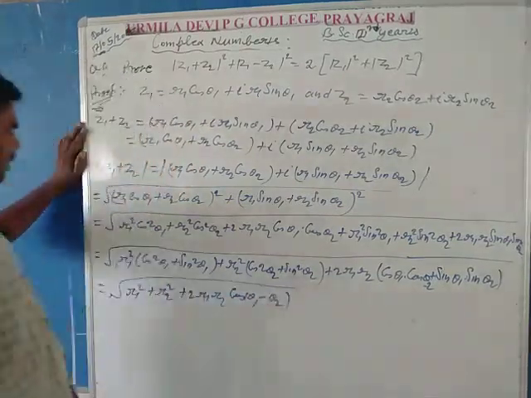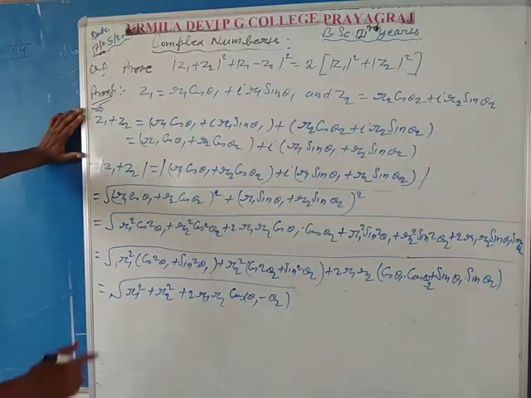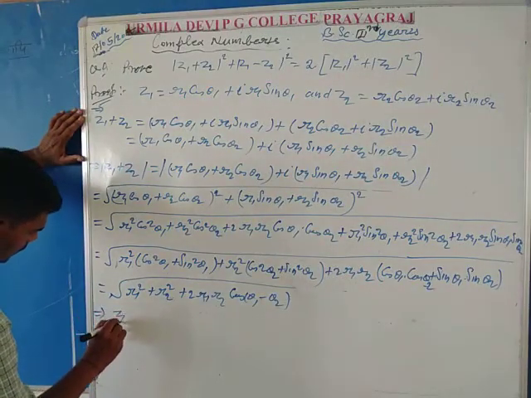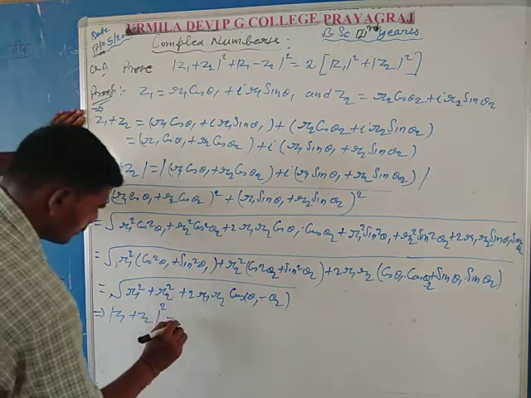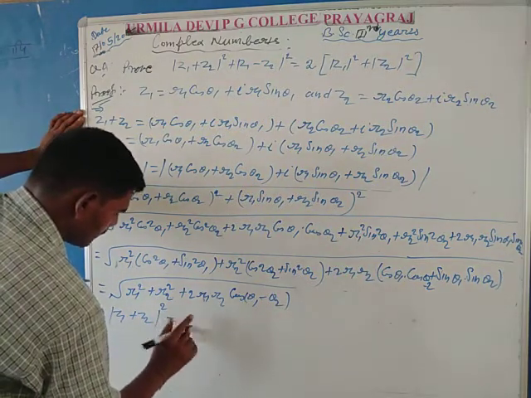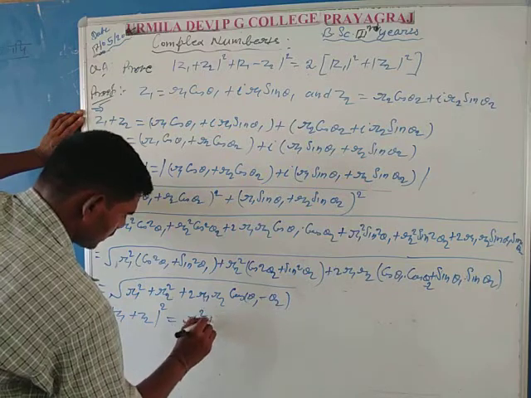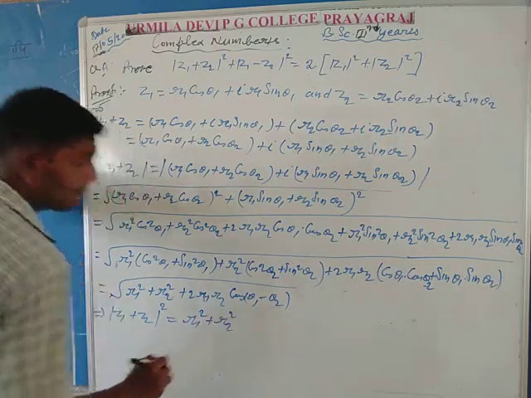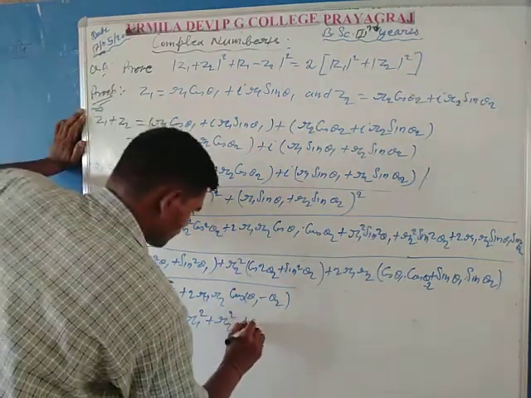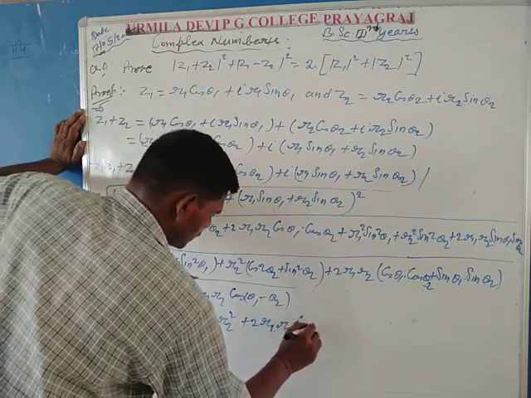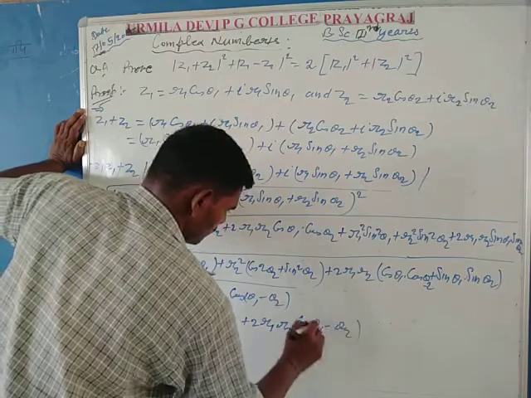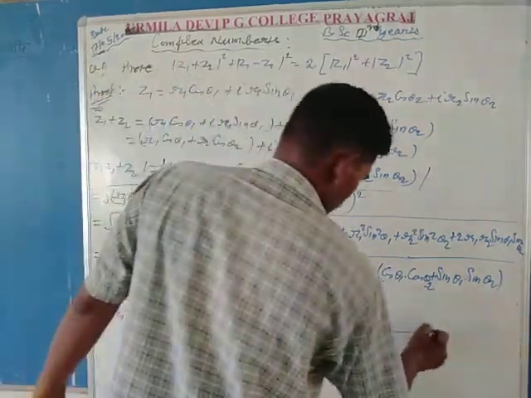Here, taking the square on both sides, it is implied that mod Z1 plus Z2 square is equal to R1 square plus R2 square plus 2 times R1 into R2 cos theta 1 minus theta 2, which is represented by the first equation.